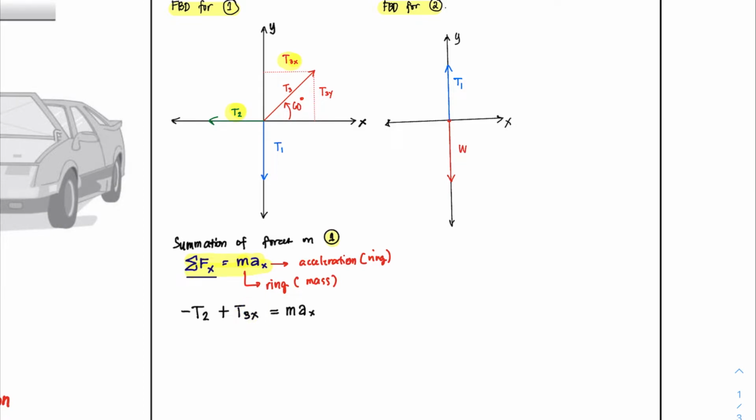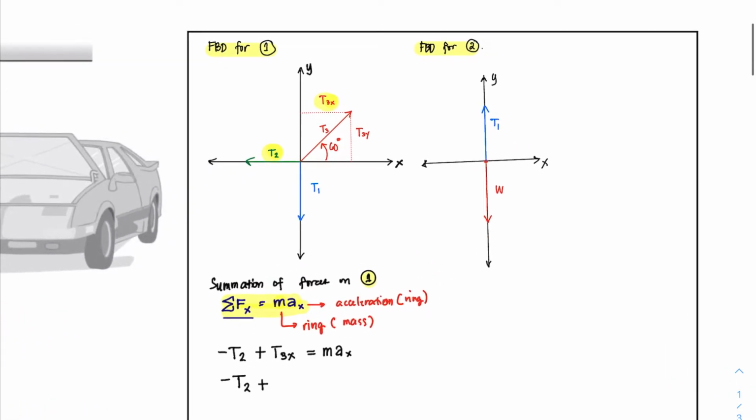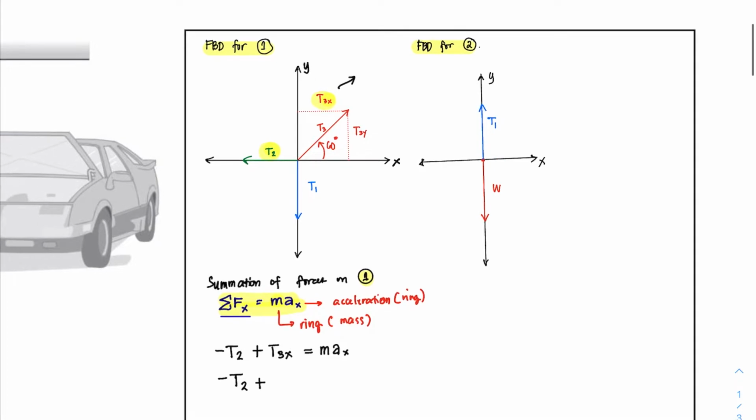So how do we get the component of T3x? So simply, you recall from our previous discussion, negative T2 plus, I'm just gonna write over here, T3x.